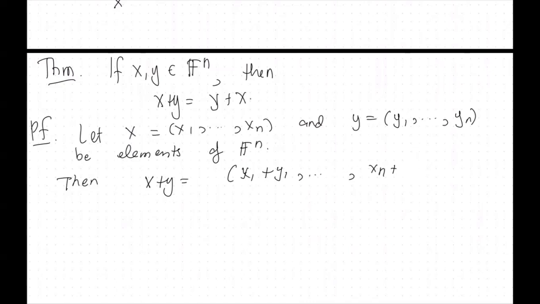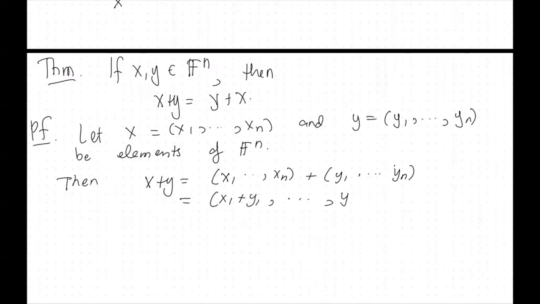Okay, let me repeat. This is first defined as x1 up to xn plus y1 up to yn. So this is just x1 plus y1, comma, and then ending with xn plus yn. This is by definition.